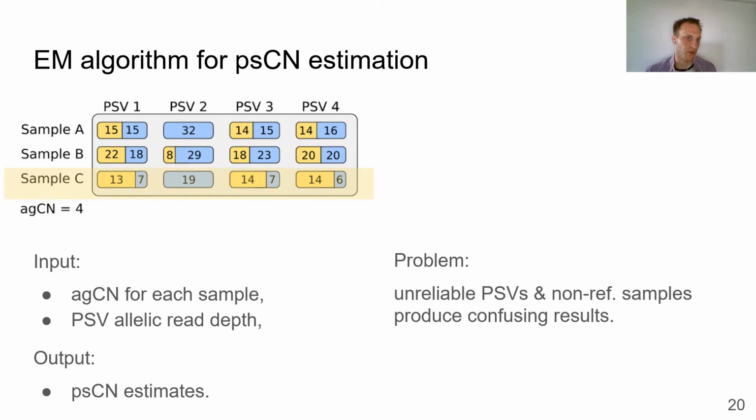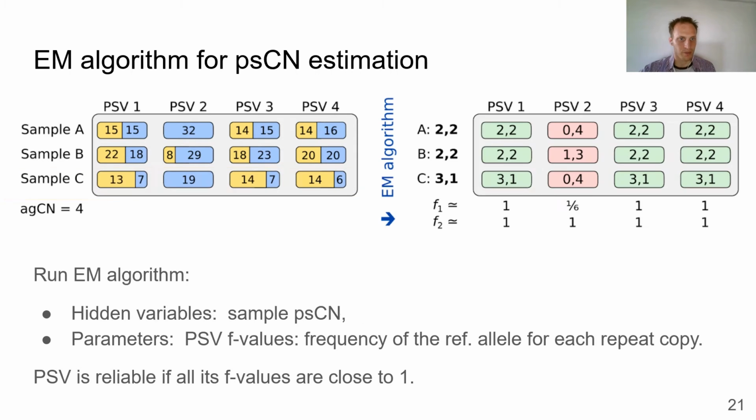Additionally, if you look at sample C, and we would want to identify unreliable PSVs, we would say, okay, all the PSVs are unreliable because the ratio between allelic read depths is not 1:1. To solve this problem, we run an EM algorithm.